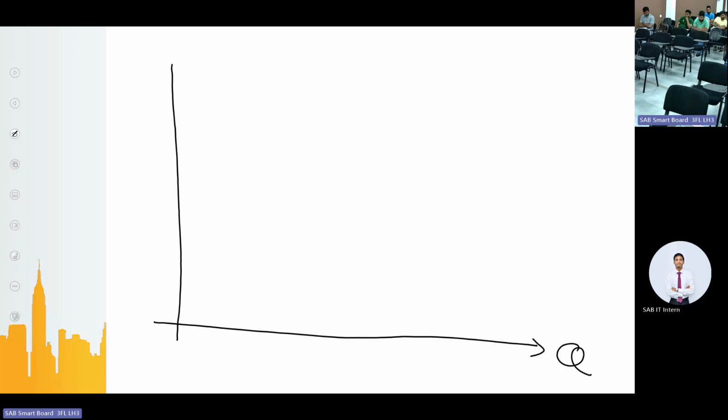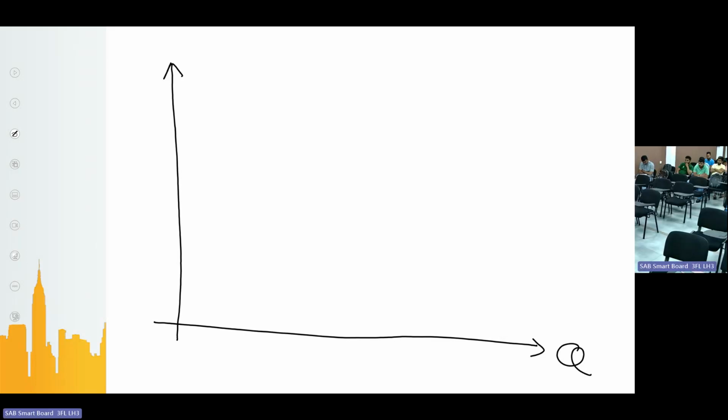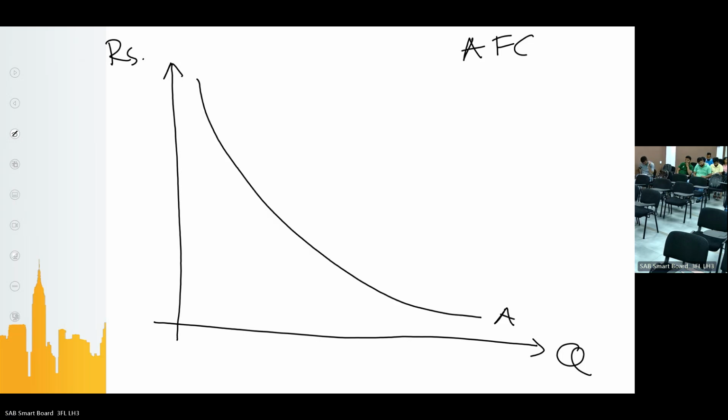So if we draw them in a graph, with Q on the horizontal axis and rupee values on the vertical axis, and we draw average fixed cost, it looks like this. Average fixed cost is continuously decreasing.